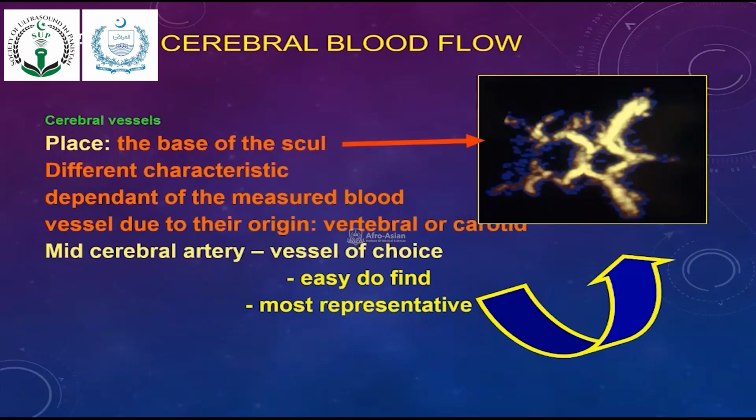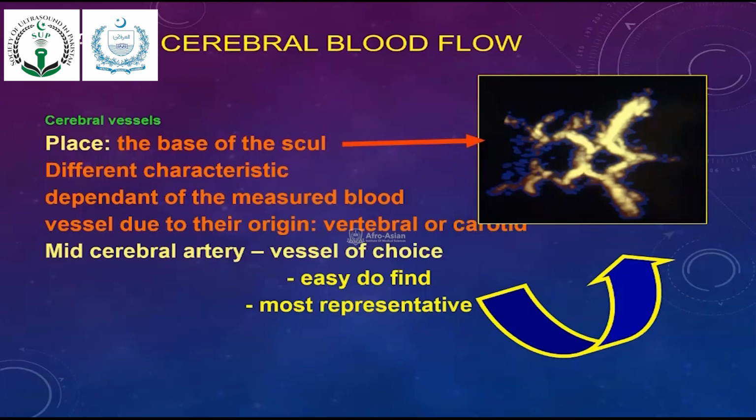Then we come to fetal cerebral blood flow at the circle of Willis, the middle cerebral artery. For cerebral vessels, we place the transducer at the base of the skull. The vessels have different characteristics depending on their origin, vertebral or carotids.